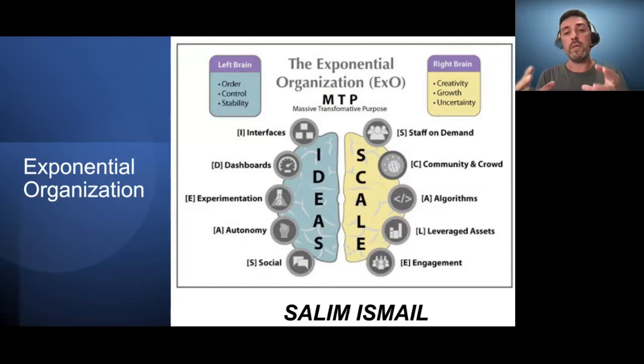But one of the things that is common to all the exponential organizations is a massive transformational purpose, which is linked to what we talked about with Simon, right? Which is this purpose-driven organization that can set an idea, a vision, a purpose in the market, and with those products fulfill that vision.